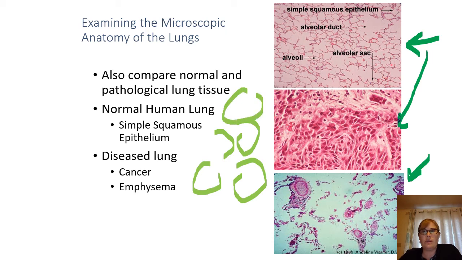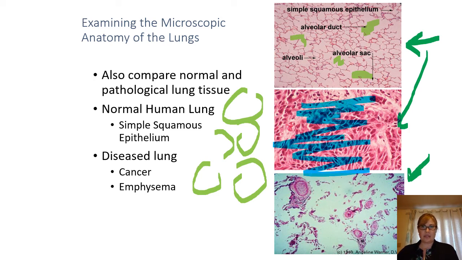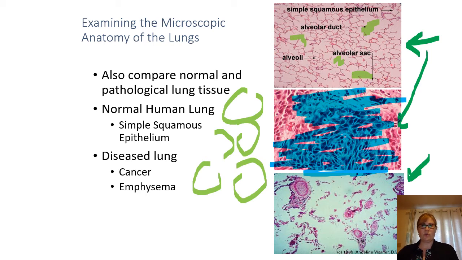And then you'll see some open spaces that are going to be the ducts and possibly bronchioles and simple squamous epithelium. So that's what we should see. What we see in this slide down here, the second one, this stuff is cancer. So when tissue becomes cancerous, it overgrows. It does not look the way it used to, and it does not perform the job that it used to.